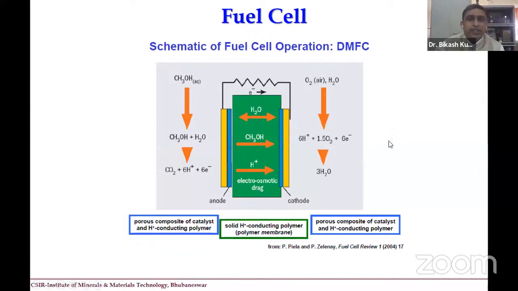So this is the operating principle of the direct methanol fuel cell.